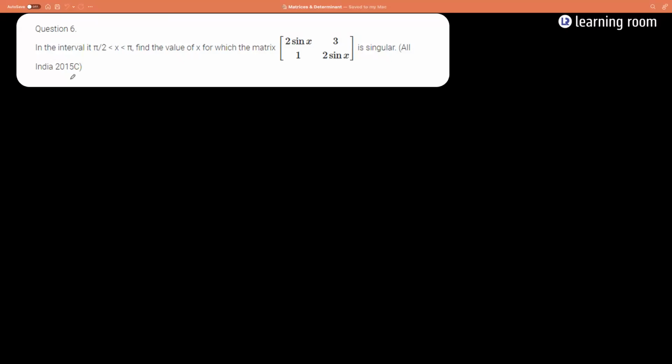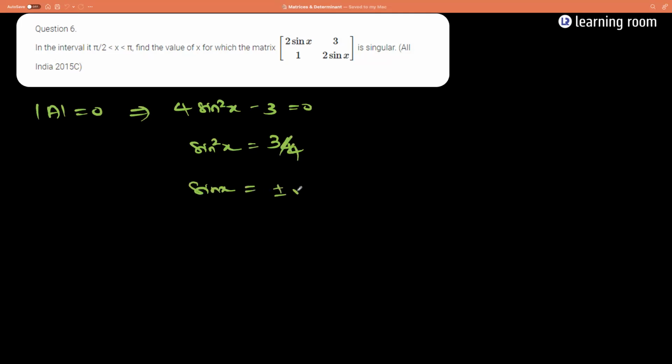In the interval x belonging to pi by 2 to pi, that is in the second quadrant, find the value of x for which the matrix is singular. What do you mean by singular matrix? Determinant of A will be 0. So determinant is 0 means 4 sine square x minus 3 is equal to 0. So sine square x is equal to 3 by 4. So sine x will be equal to plus or minus root 3 by 2.